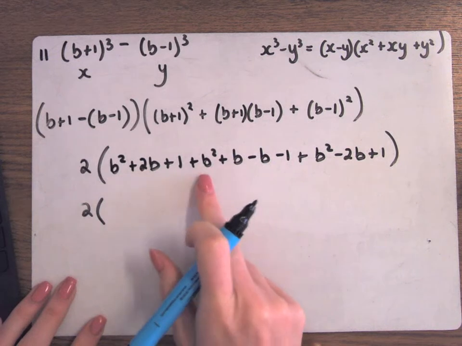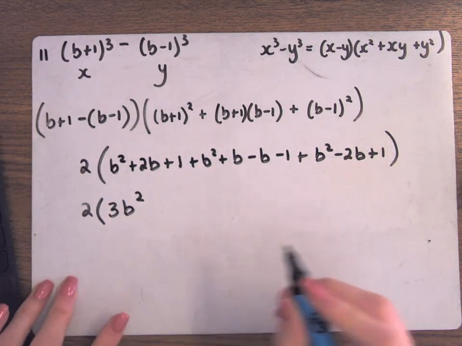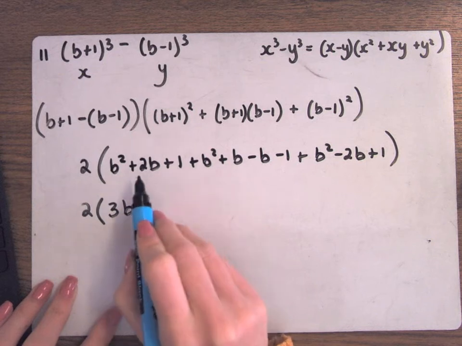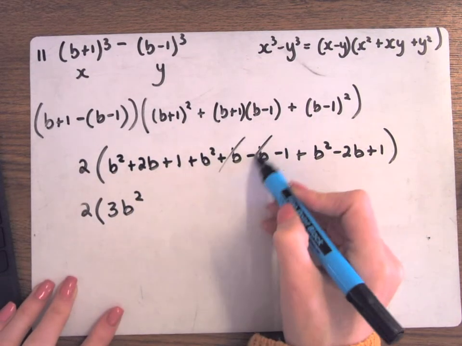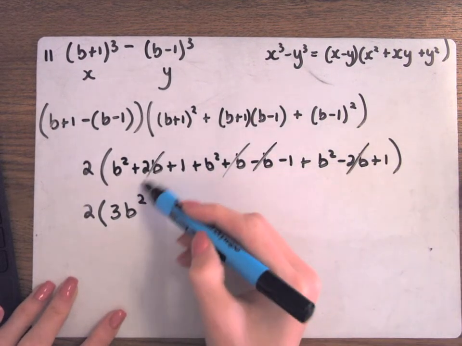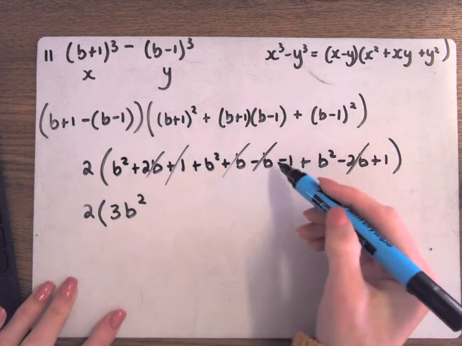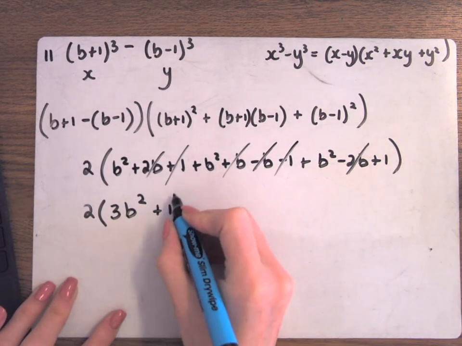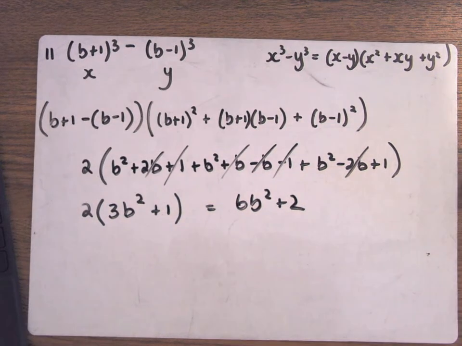B squared plus b squared plus b squared. 3b squared. 2b plus b minus b cancel. 2b minus 2b cancel. Great. 1 minus 1 cancel, plus 1. So that's your answer.